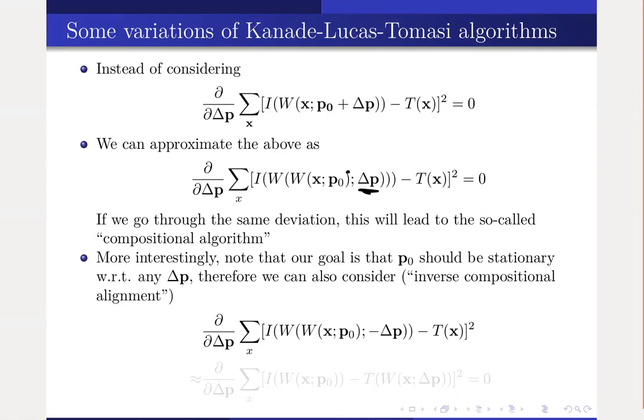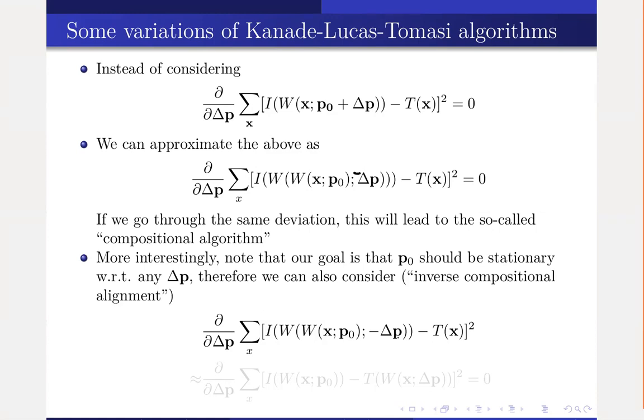I can consider negative delta P, it doesn't change anything, because delta P is really a change of the parameters in any direction. If you think of an opposite direction, it's okay as well.